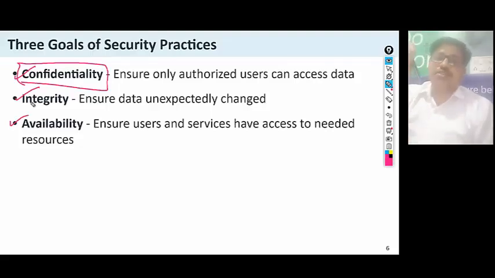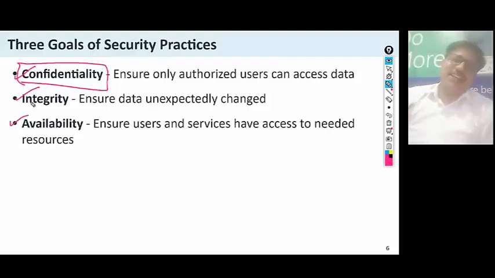Protected means it should not be altered, and should not be viewed by a third party. Only an authorized person can read the data, and only an authorized person can modify the data.